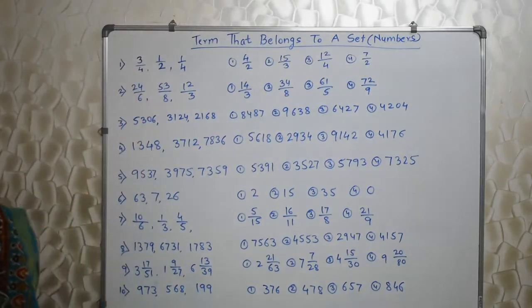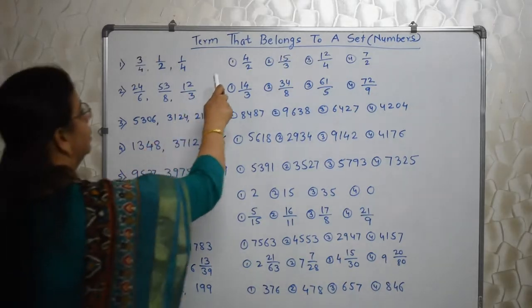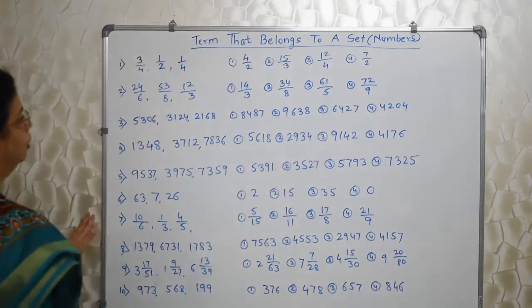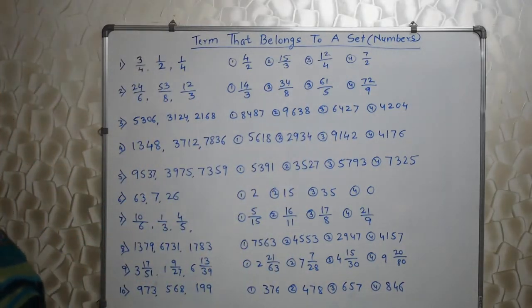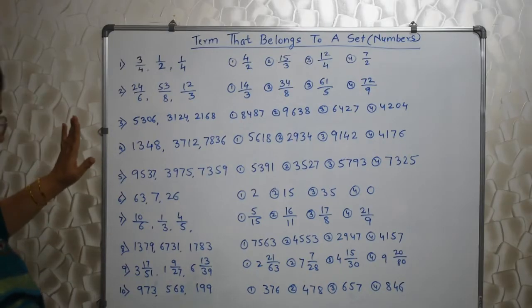See this first one. Some numbers are given in the form of a fraction, right? 3/4, 1/2, 1/4. The options also all look like fractions, but there is a difference.